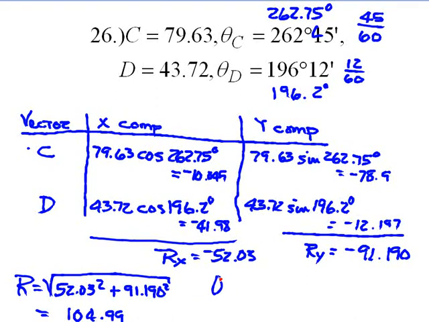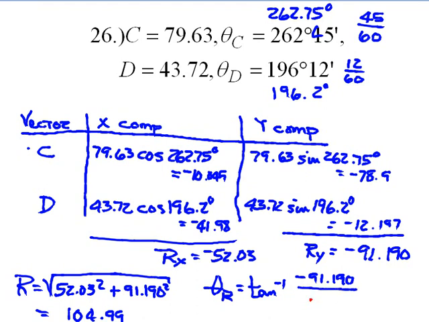And we find theta R equals tan minus 1 of y, negative. Now in this case, make sure you use the negative numbers.